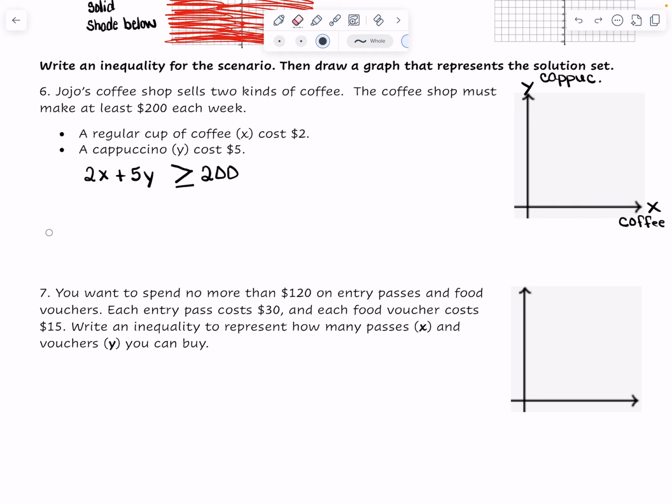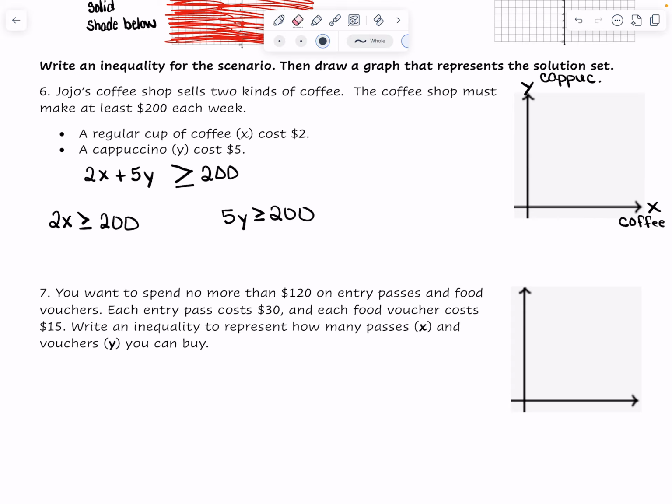So we would have 2x is greater than or equal to 200. That's going to help me find the point on the x-axis. Now, on the other one, I want the point on the y-axis. So then I'm going to ignore 2x. So what I will be left with is 5y is greater than or equal to 200.